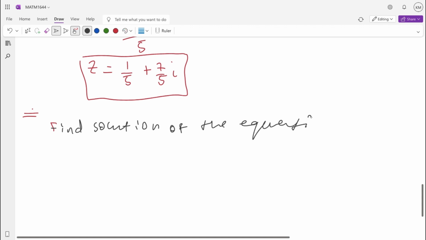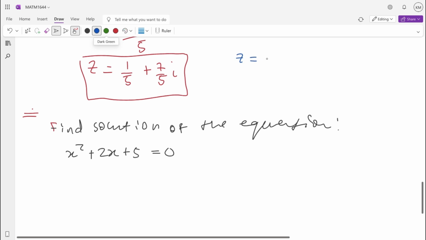Say that equation is x squared plus 2x plus 5 equals 0. If they gave you something like that, then what is it going to be? Before I do this one, let me show you one last example on the arithmetic.